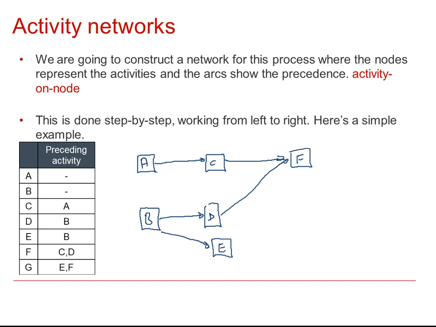And G depends on E and F, so we can show that by putting in a node for G, and then here an arc coming from E and from F. And then usually we would connect that together to an end or a stop point, particularly if there's more than one node which joins onto that end.